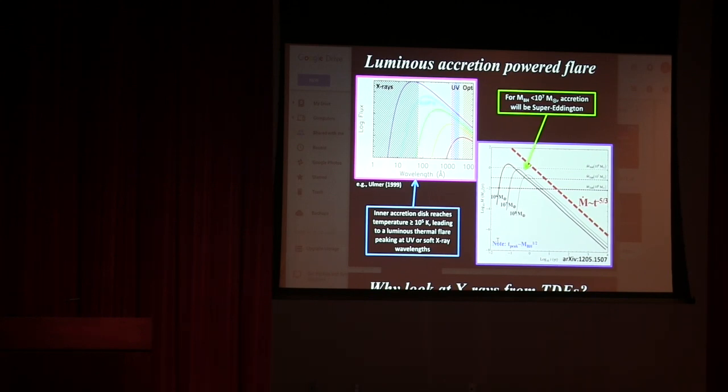Since these sources emit at various wavelengths, time-domain surveys have dramatically helped us in detecting and characterizing the properties of these events. However, searching for TDEs in X-rays has actually been quite fruitful, with the number of TDE candidates that we detect in X-rays now outnumbering those we detect in UV or optical.